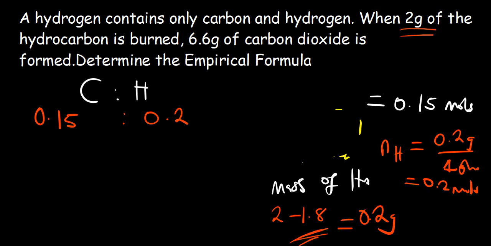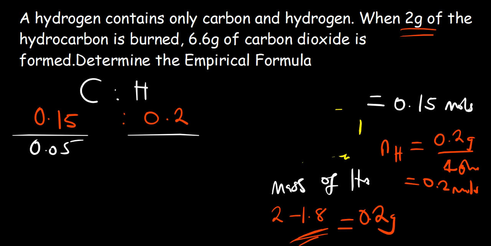So I'm going to get 0.05. Why I'm picking 0.05 is because if I multiply 3 by 0.05, it gives me 0.15. So that is my goal. So I'm going to divide by 0.05 on both sides.